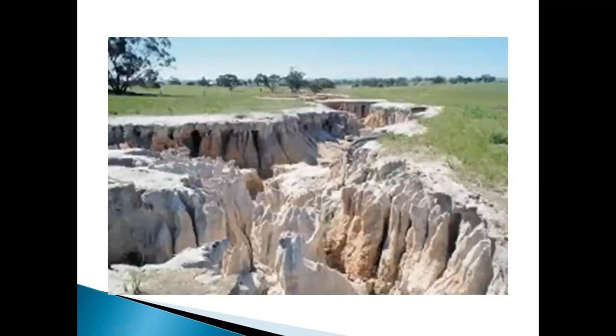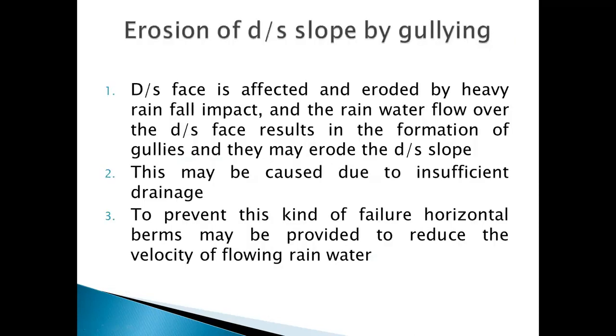Next, third point, erosion of downstream slope by gullying. The downstream face is affected and eroded by heavy rainfall impact, and the rainwater flowing over the downstream face results in the formation of gullies, and they may erode the downstream slope.